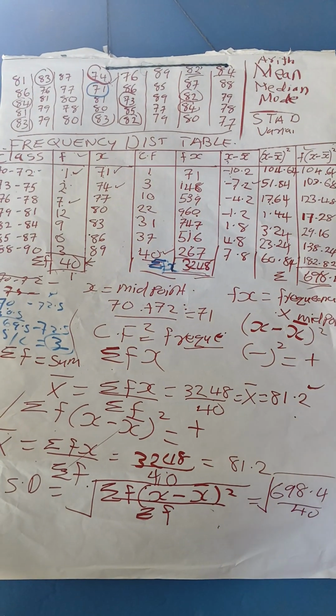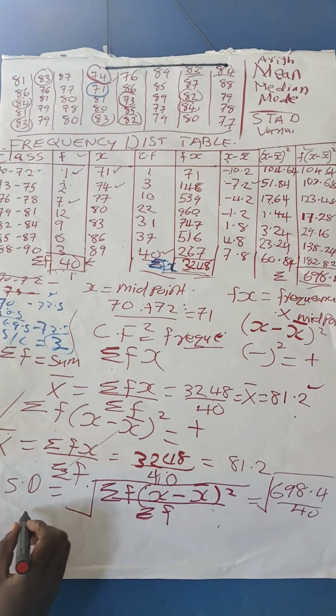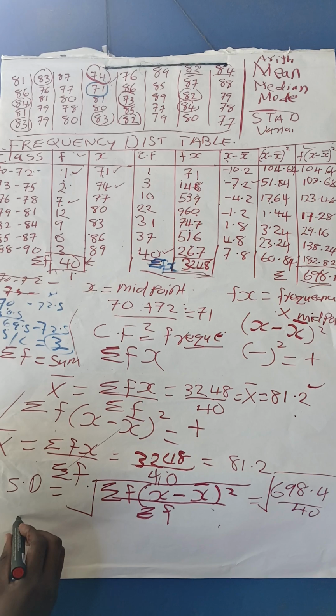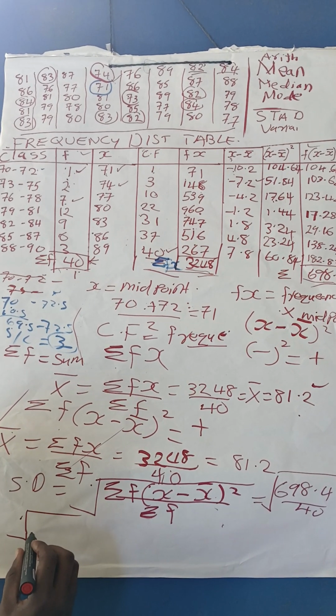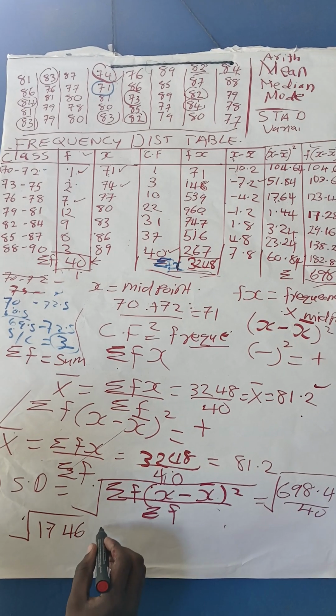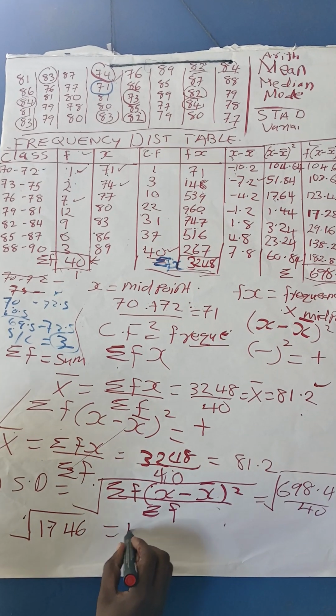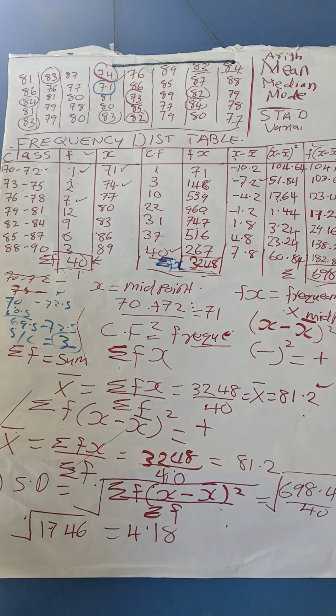If you do that, you realize you are getting what? You are getting your standard deviation to be the square root of 17.46. Now our standard deviation will be 4.18.